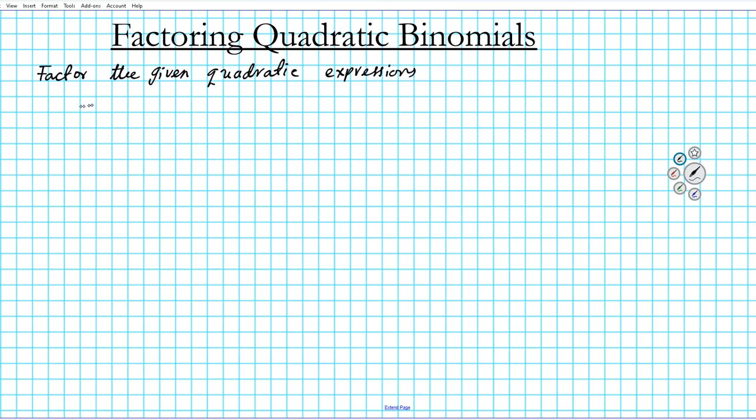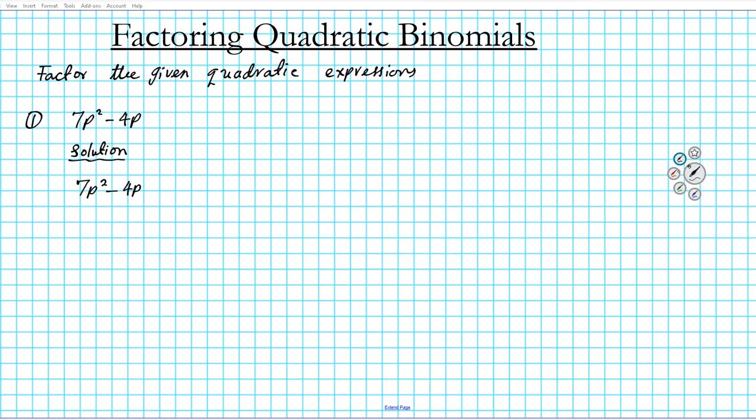Alright, so question number 1, let's say we have the expression 7p squared minus 4p. Okay, so we're going to go ahead and factor this quadratic expression. We know it's a quadratic because the highest power here of this polynomial expression is 2.